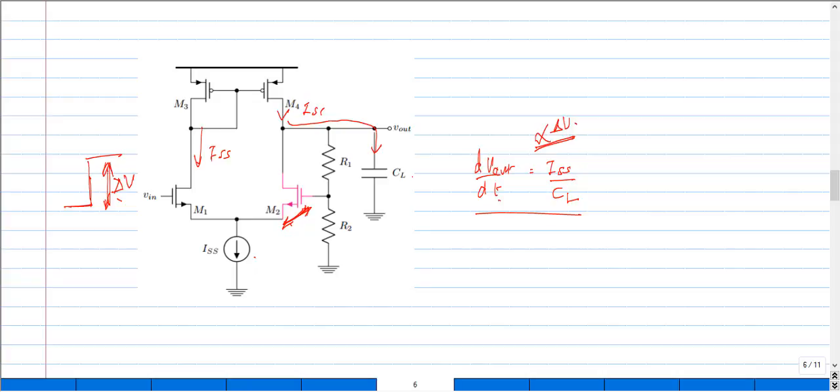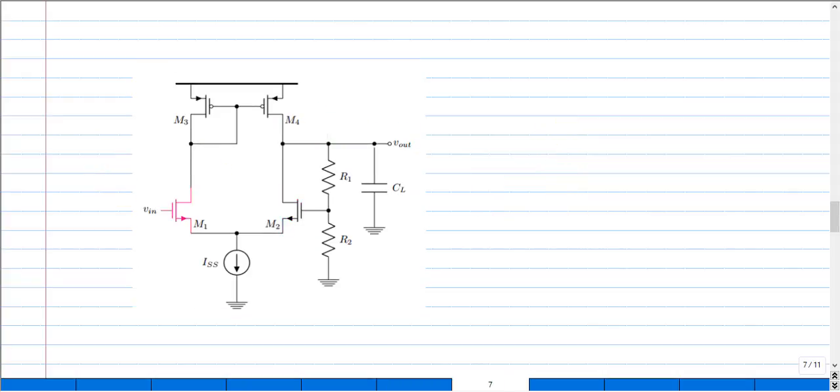Okay, now what is the rate at which this is slewing? That is equal to the tail current divided by the capacitance that we have, and this corresponds to a positive slew rate. Now let us see what happens when we have a negative step input.